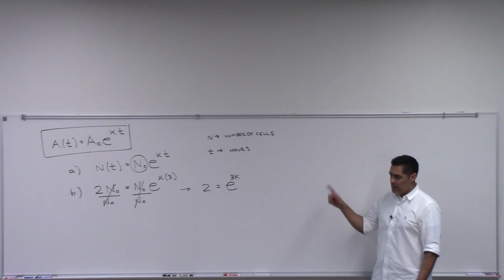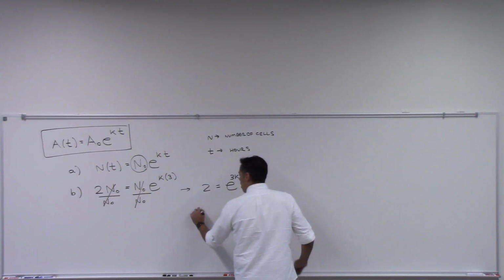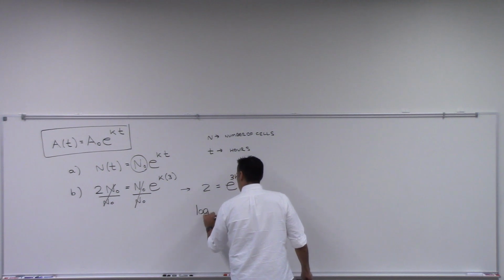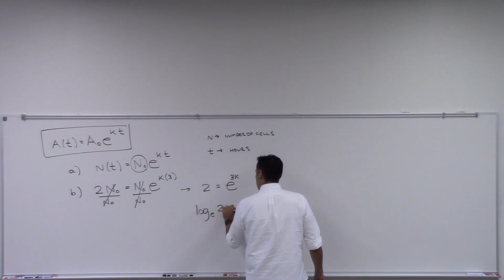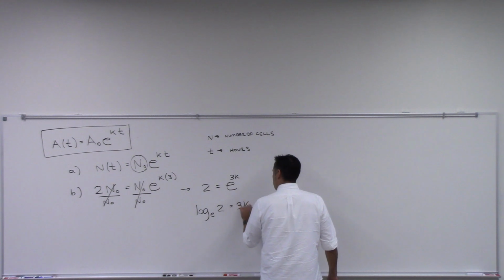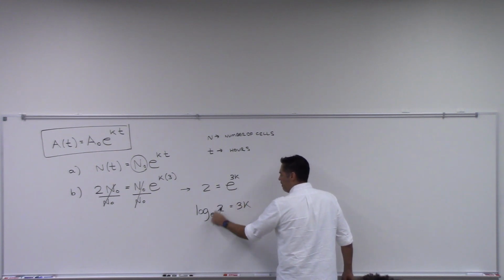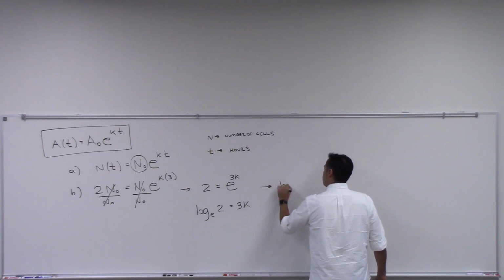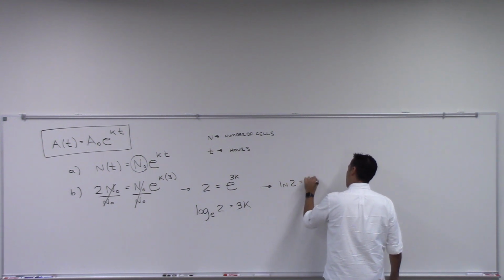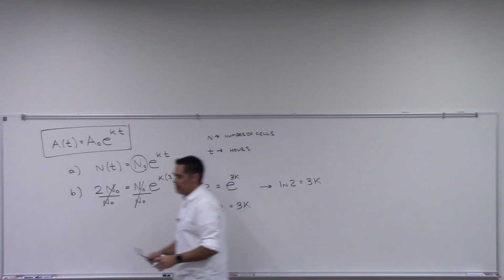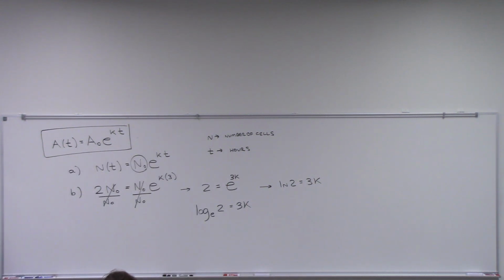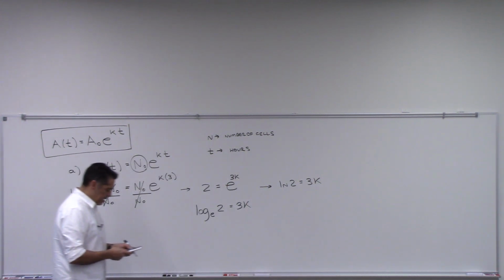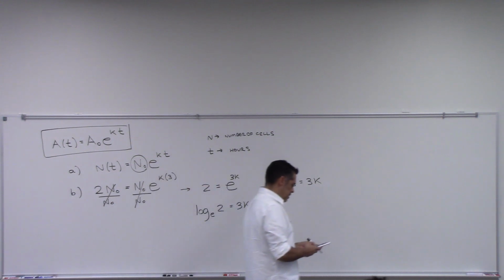And now I'm going to rewrite this as a log. Log base e of 2 equals 3k. So use the loop to verify that we rewrote that correctly. And then that becomes natural log 2 equals 3k. And then I'm going to do natural log of 2 on my calculator and then divide that by 3.